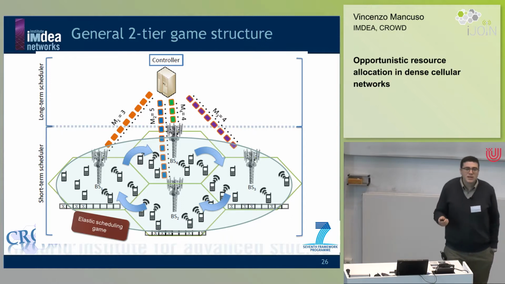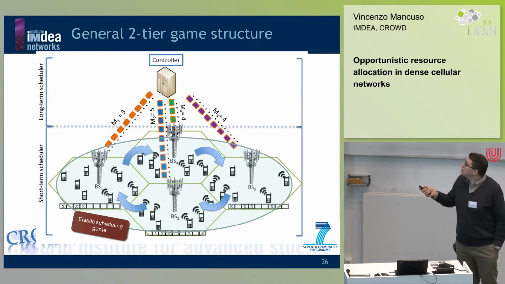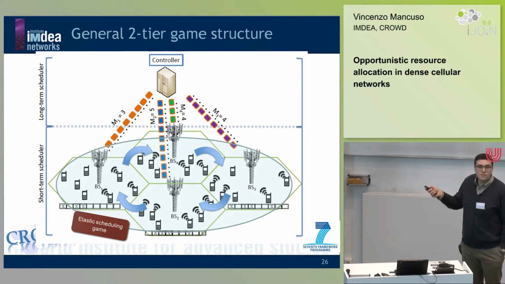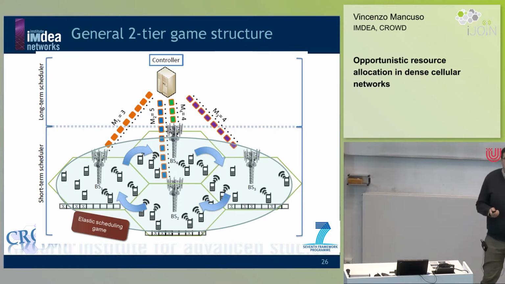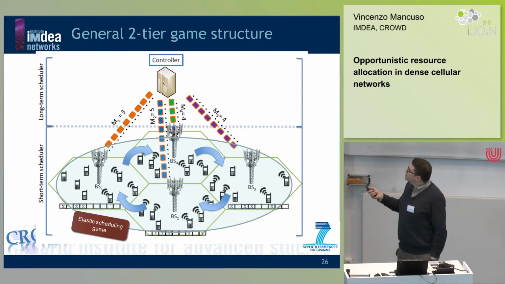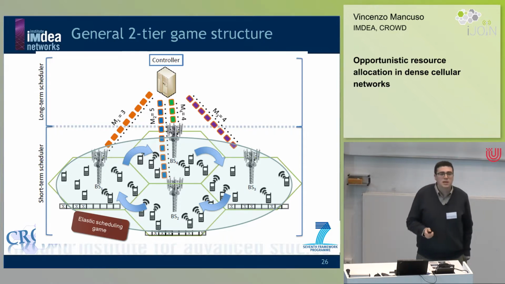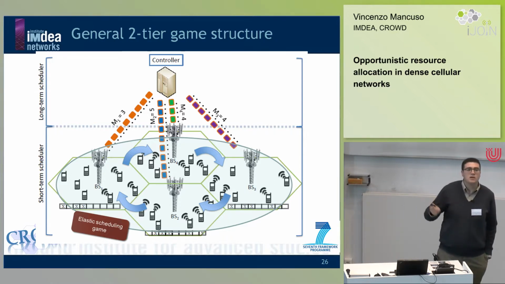So the first thing we need is a controller that tells the base stations, sorry, you cannot exceed a maximum number of subframes. You have to leave some empty space. Otherwise, the base station will take all the possible space. So this controller will tell each base station how many subframes can be used out of the cycle that has been agreed.